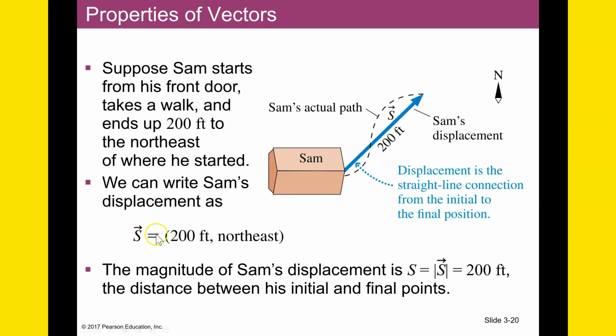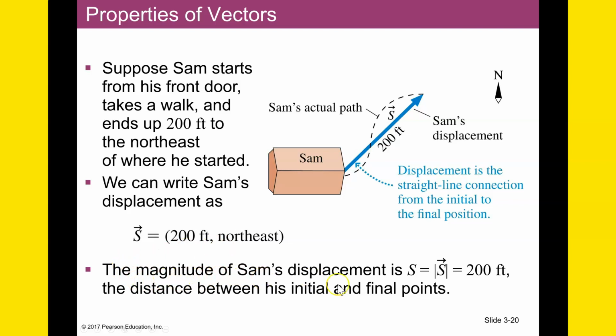An algebraic representation might be of the format like this. It's more than just a 200. You have to say it's 200 feet, but then a further description is to say northeast. That's not a very precise way to list a vector, but it's one way. We'll talk about more precise ways.